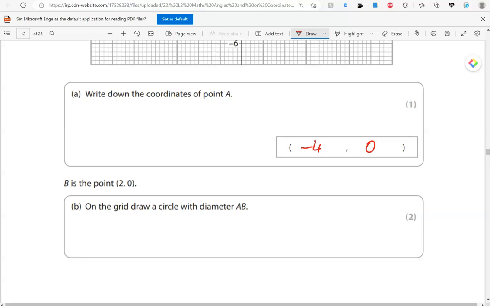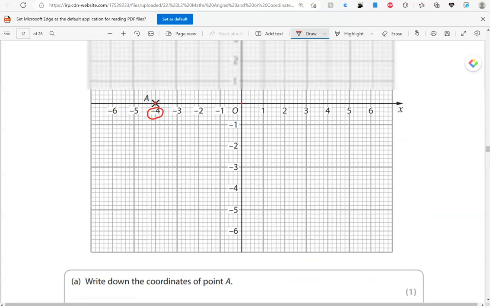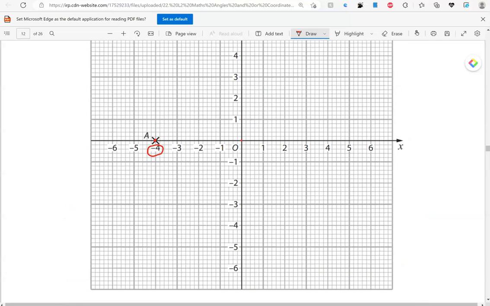On the grid, draw a circle with diameter AB. So point B, that is 2, 0. The diameter is 1, 2, 3, 4, 5, 6 units long, so the radius will be 3.